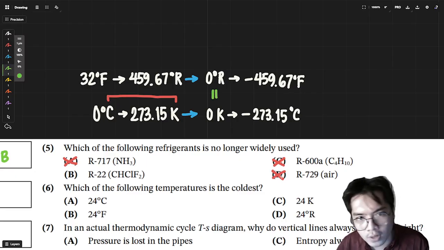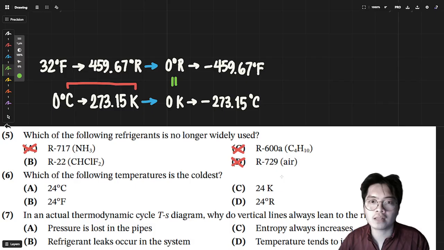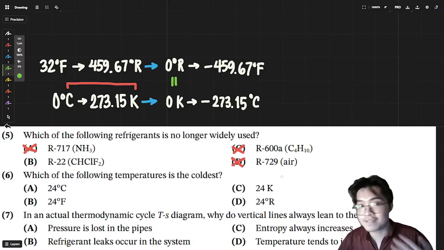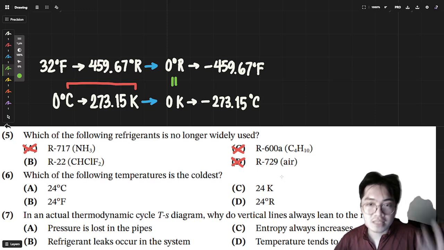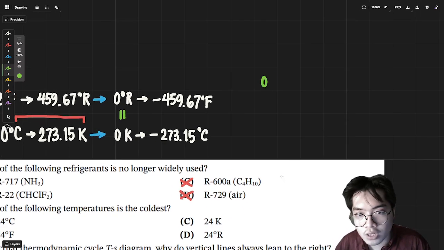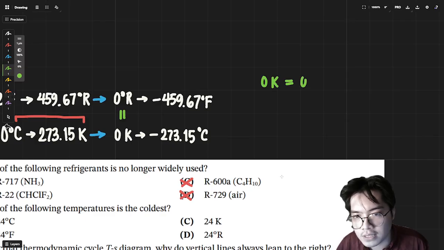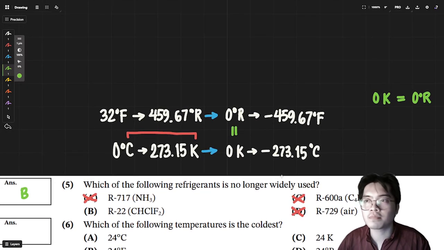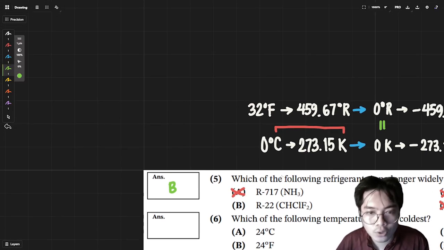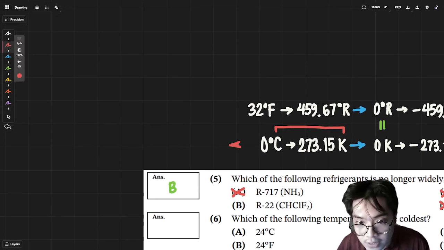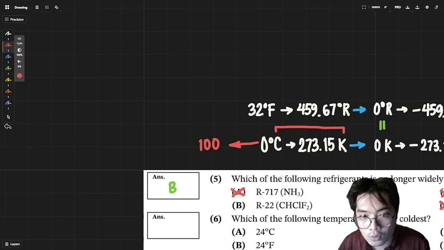And the thing about this is that these two are equal. That means that this is a kind of equalizer: 0 Kelvin, not degrees Kelvin, but 0 Kelvin, is equal to 0 degrees Rankine. And as we know from the Celsius and Fahrenheit scales, from 0, it takes up to 100 degrees Celsius for us to boil water.